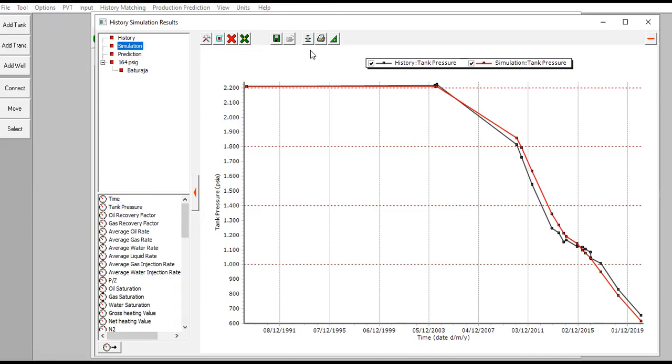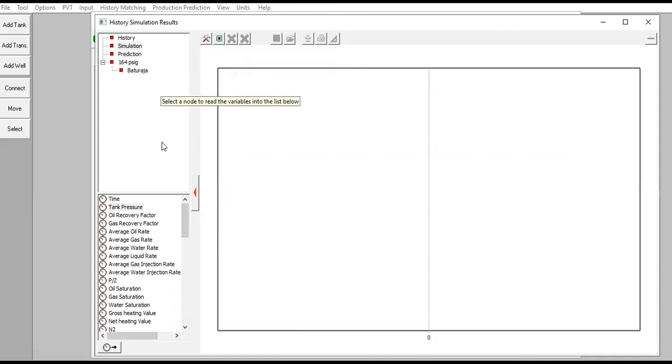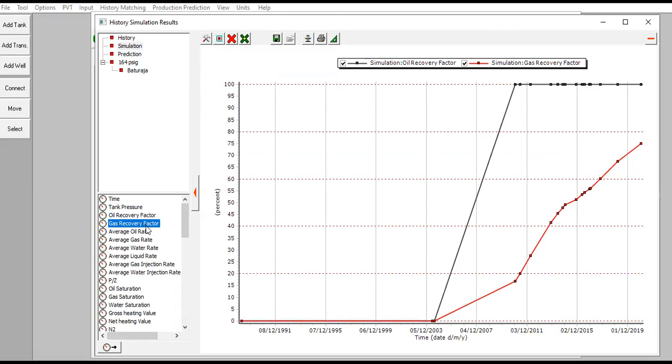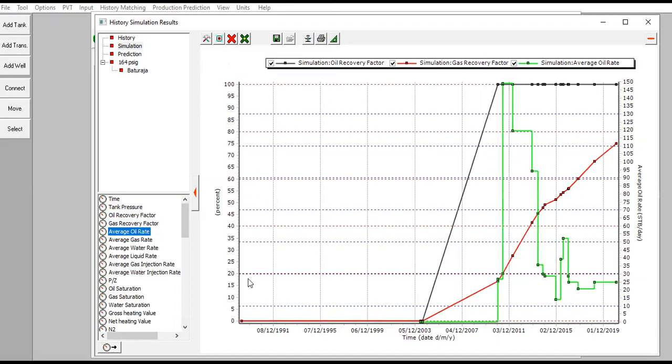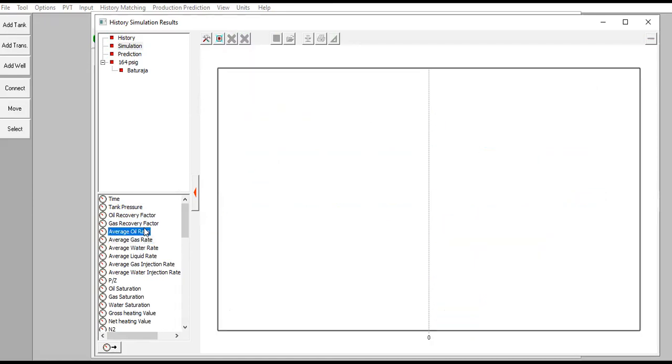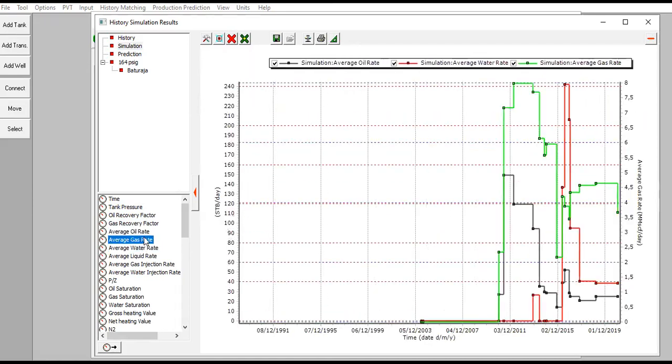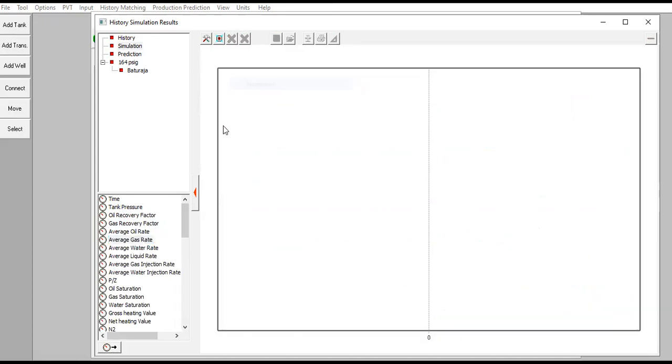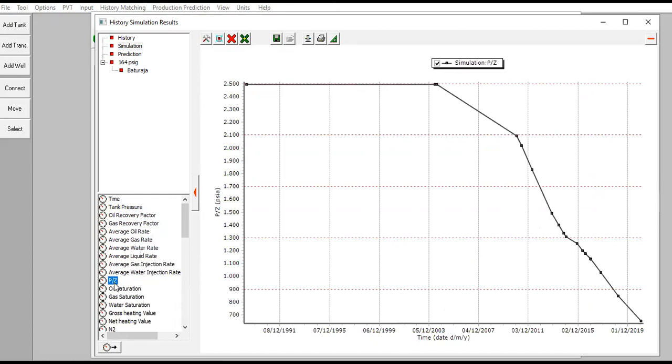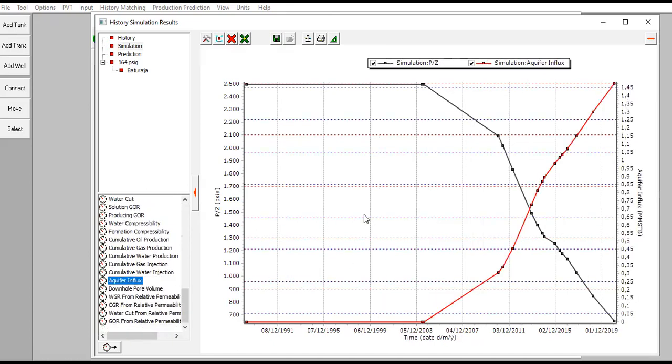Okay, so if we plot the simulation results: the tank pressure, and then oil recovery factor, gas recovery factor, average oil rate, average water rate, average gas rate, P over Z, and then aquifer influx, right?